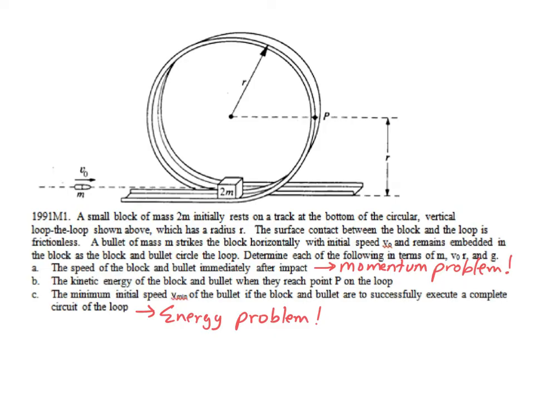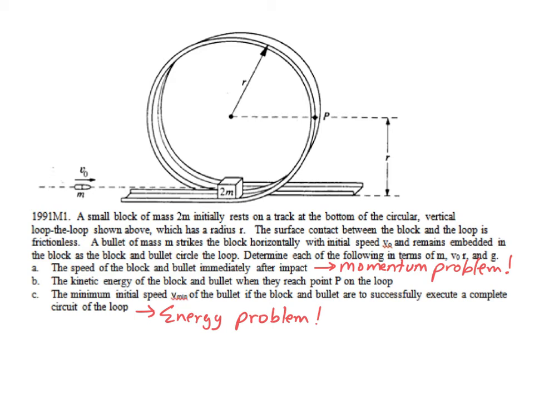This is similar to the problem we did in class with trying to find the minimum height to release a car that will just barely get around the loop. Only this is a little, like a bullet that enters into a block. You know, it's shot into the block, and then the block and the bullet embedded in it go around this loop-to-loop. So they give you some information about the block of mass 2m.